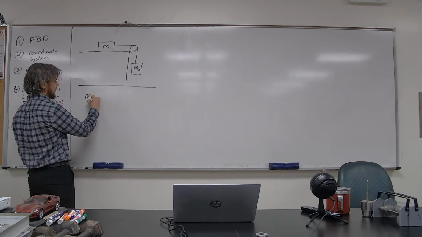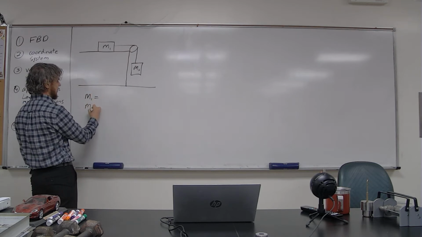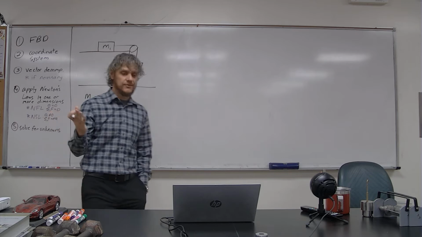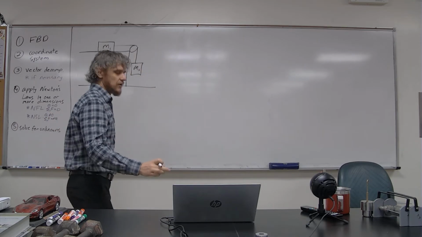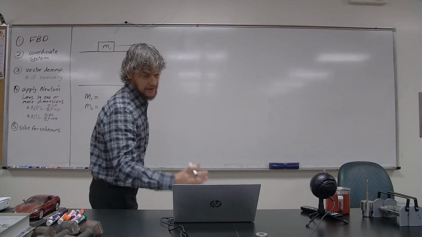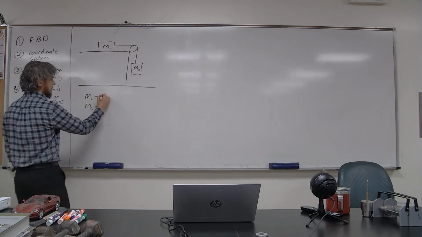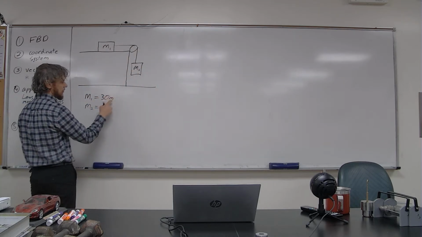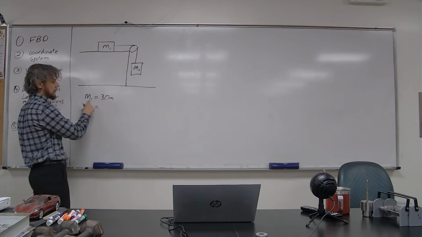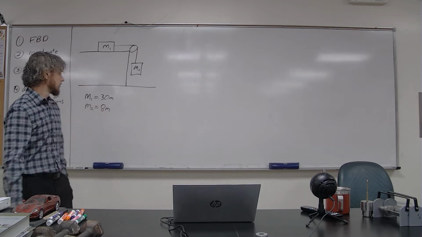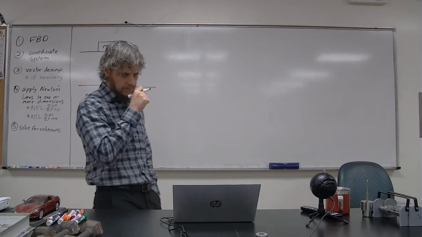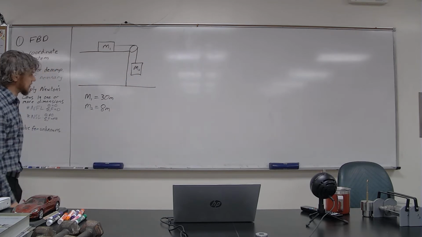We're given their values as integer multiples of some unknown value m. In my particular one, everyone will have different numbers here, m1 is 30 times m. So we don't know what m is, but whatever it is, m1 is 30 times it, and m2 is 8 times m. So m1 is obviously more massive than m2 in this case.